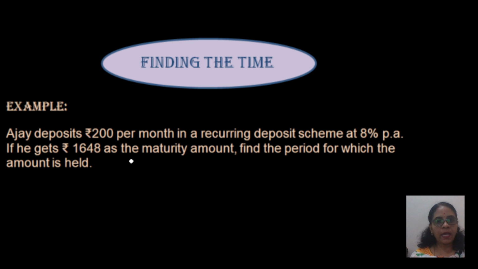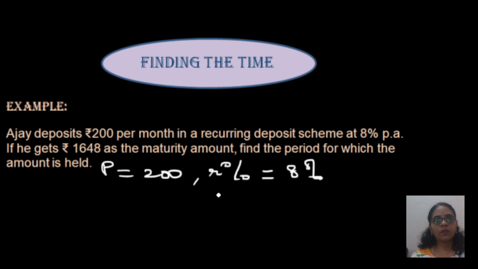the time. What is the data given? Data is given that P is equal to 200, R percent is 8%, okay, and the maturity value is 1648 and you need to find the time.